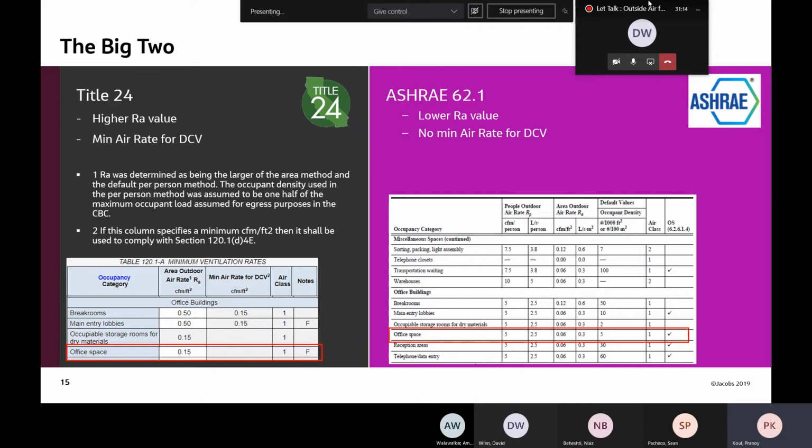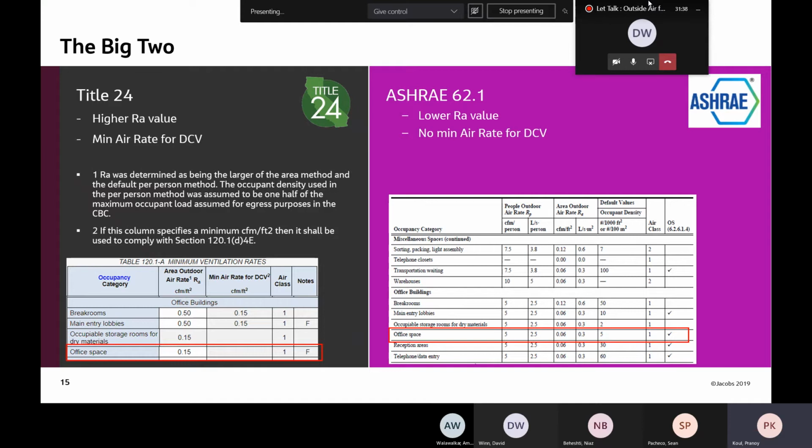However, for an office space in ASHRAE 62.1 Table 6.1, why does it tell me that it has a lower Ra value of 0.06?